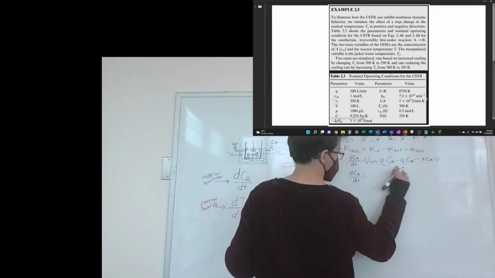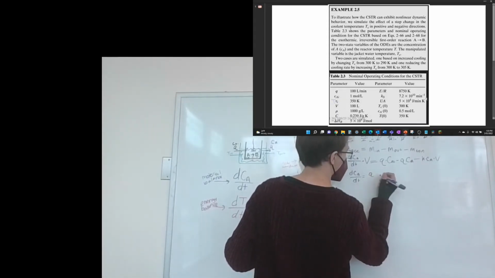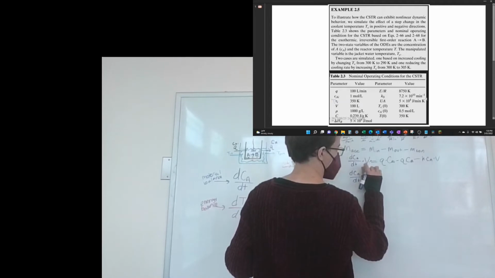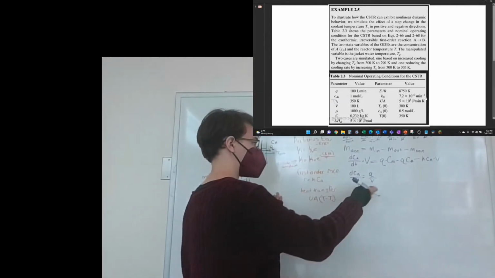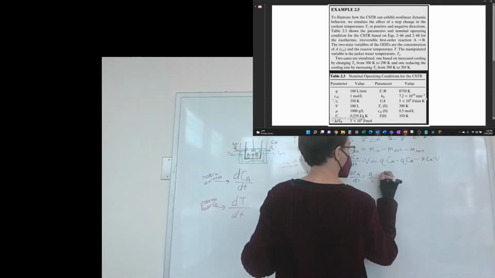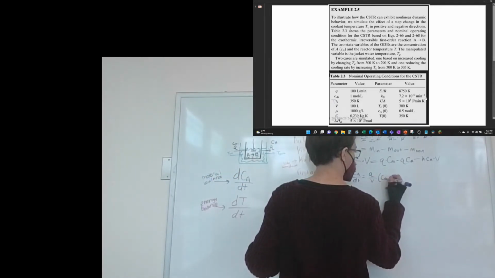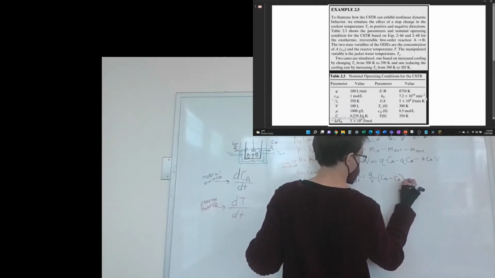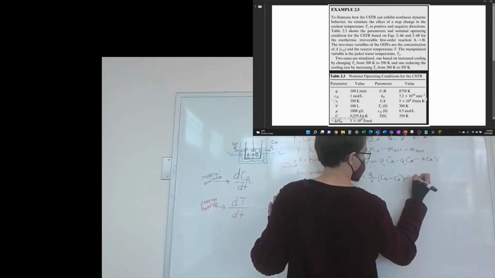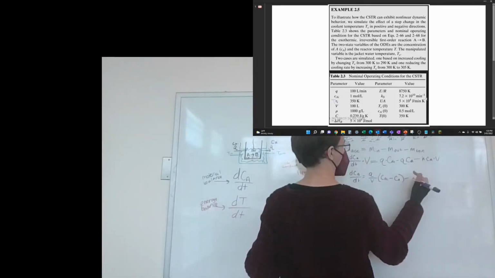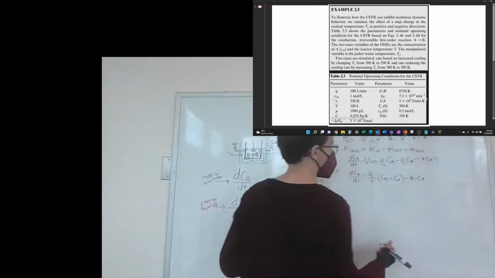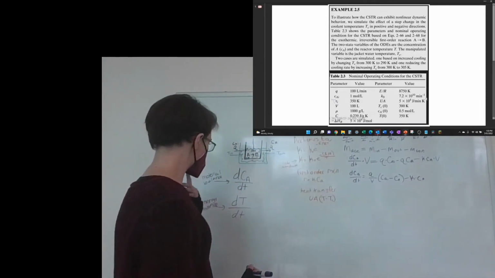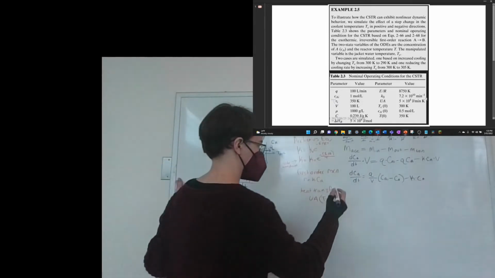It's going to be equal to, so we're going to factor out this Q, and then we're going to divide out the V. So Q, rate going in over volume times concentration of A going in minus concentration of A inside the tank and going out, minus, so then the volumes will cancel over here, so then we'll just have minus K times concentration of A. So that's our material balance equation that we're going to want to use.